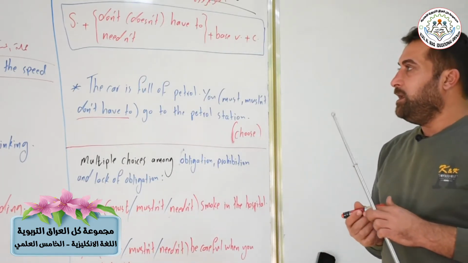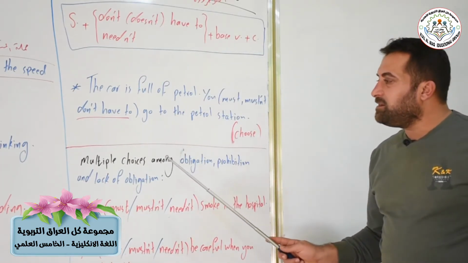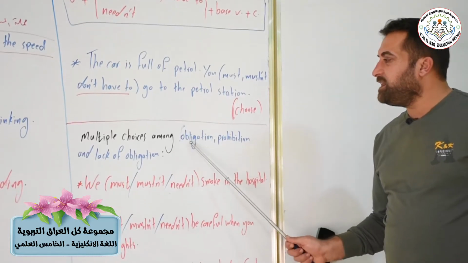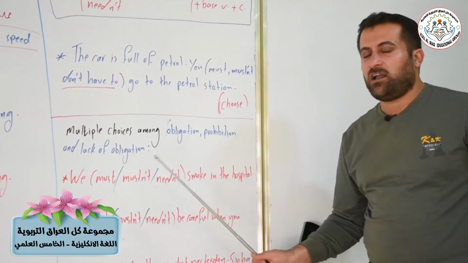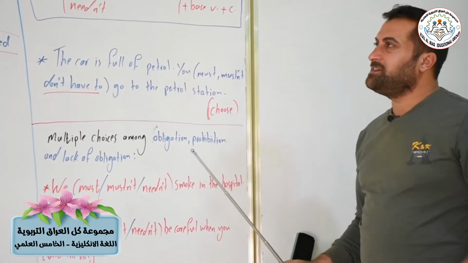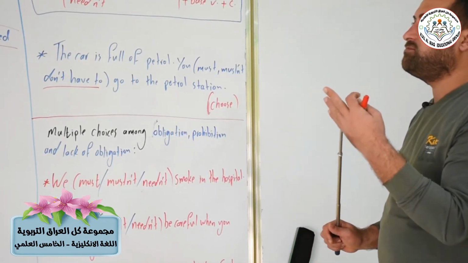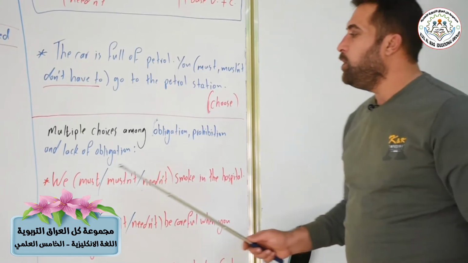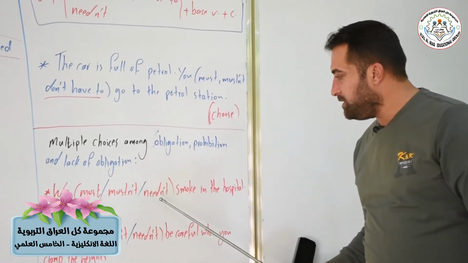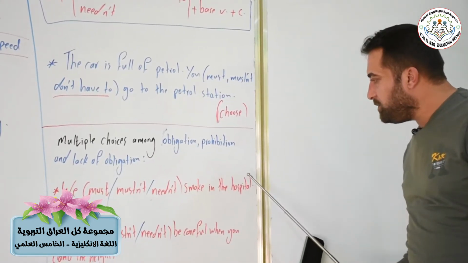There are multiple choices among obligation, prohibition, and lack of obligation, because these three subjects are related in meaning. We must, mustn't, needn't smoke in the hospital.